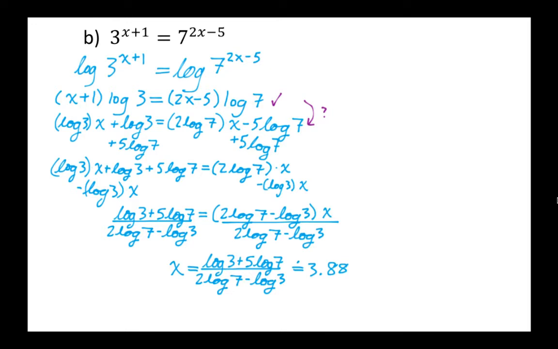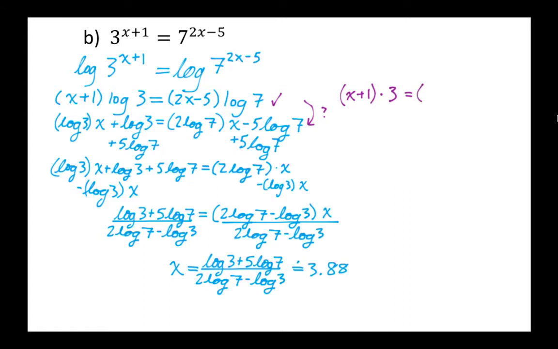Okay, so let me just clarify a little bit. When you have something like x plus 1 and you're multiplying by a number. Now, the number in this case is log 3. But let's say, just to do a simpler example, the number is just the number 3.